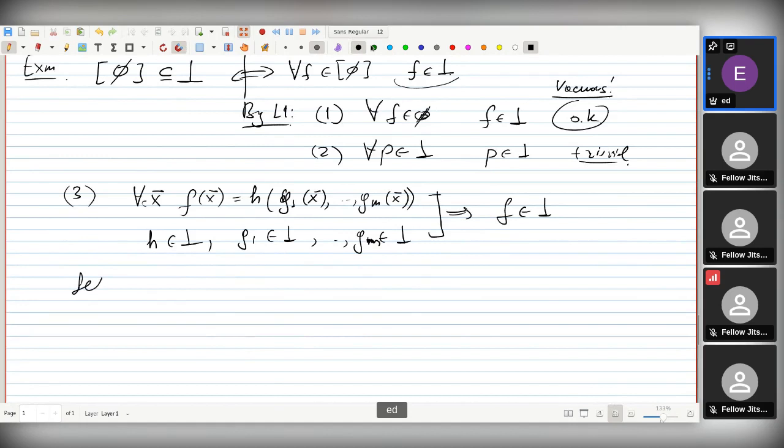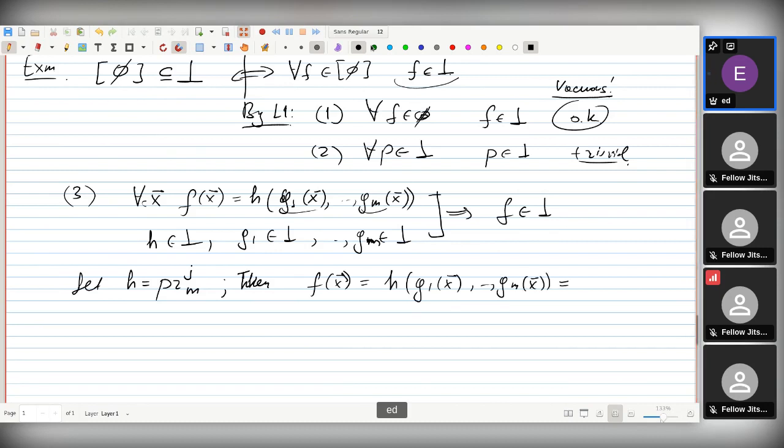What is H? H is a projector, so assume that out of its m arguments, it returns some j-th. Then, what is f of x? It is h of these g's, but h always returns its j-th argument, so it is g_j of x.